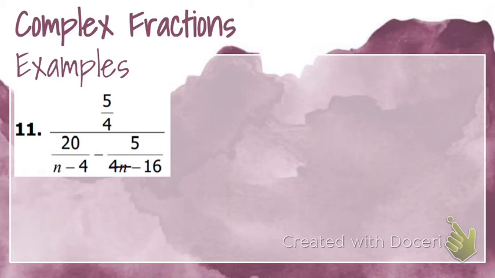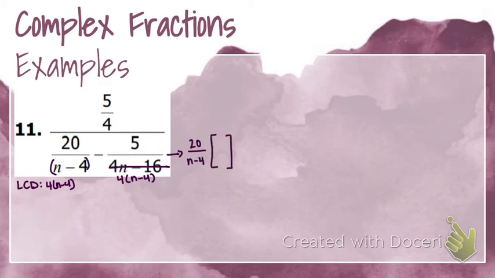So this guy reduces to 4 times n minus 4. This is n minus 4, so our LCD is going to be 4 times n minus 4. So when we go to do this subtraction and get that out of the way, we have 20 over n minus 4 times something minus 5 over 4 times n minus 4 times something.